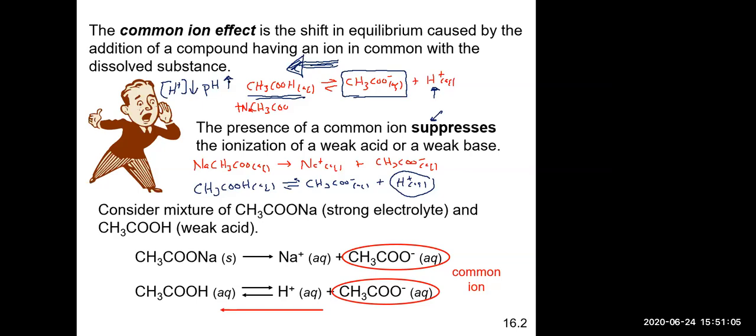So the same effect will happen with a weak base, except that, again, it will prevent more OH- from being formed and thus have the pH actually go down. Again, most likely will probably not go all the way down acidic-wise, but again, it will go down in comparison to where the pH of the weak base started to the comparison of the weak base with the common ion. Any questions on that?